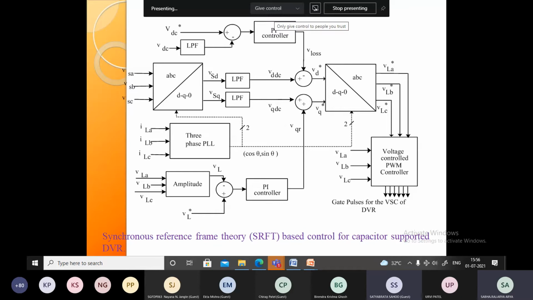In that way we can design the control logic. Inside this you can use sin PWM or any other PWM technique, such as sin PWM, 60 PWM, space vector PWM. Those we can do inside the voltage control PWM block.